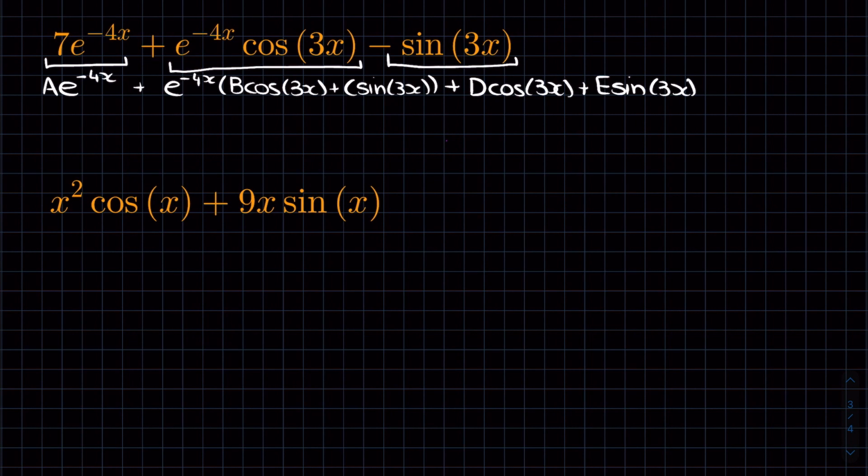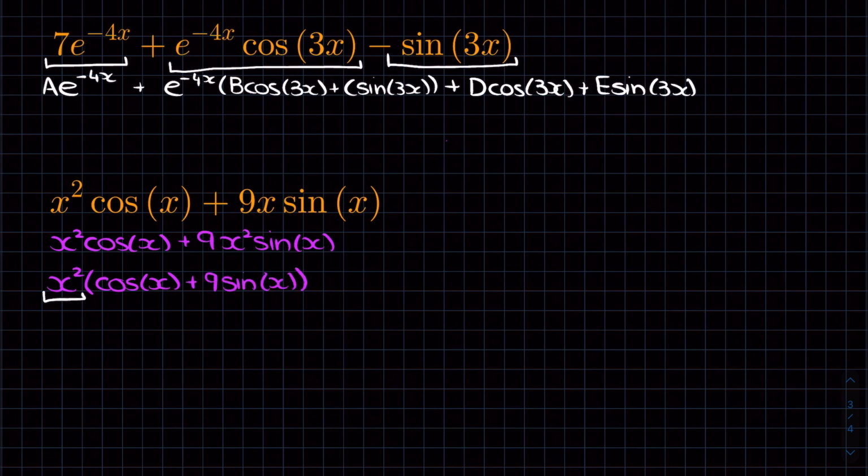Now, before we do the same thing for our second guess, notice that in both terms we have a polynomial multiplied by a sine or cosine term. Sine and cosine terms have the same guess function, so the two terms can actually be treated the same. Let's also pretend that the x is an x squared, because at worst we will have constants that go to 0, so it won't change our final solution. And now we can factor out the x squared, so we get x squared times cosine of x plus 9 sine of x.